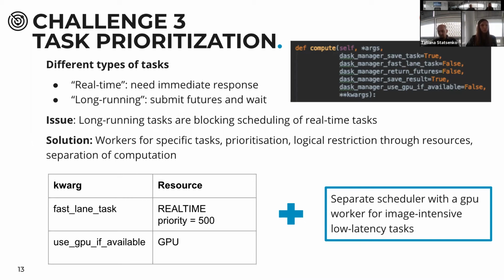We noticed that even in real time, we are more interested in the responses from the image labeling than the other real-time tasks, and they still compete with each other. We ended up creating a completely separate scheduler that is always available with a GPU, so that we can provide these blazingly fast responses, as Alexander showed in the previous slide.